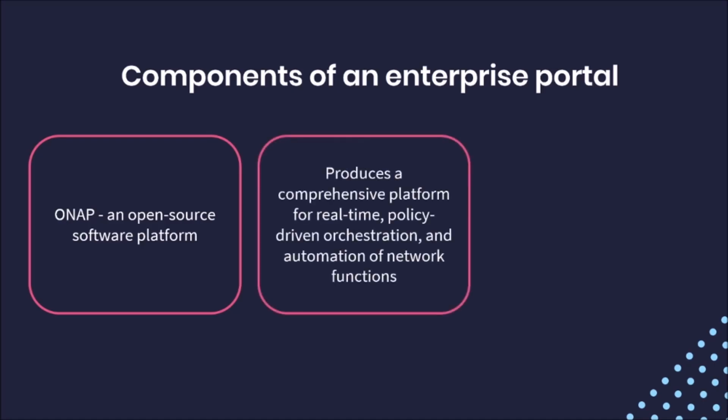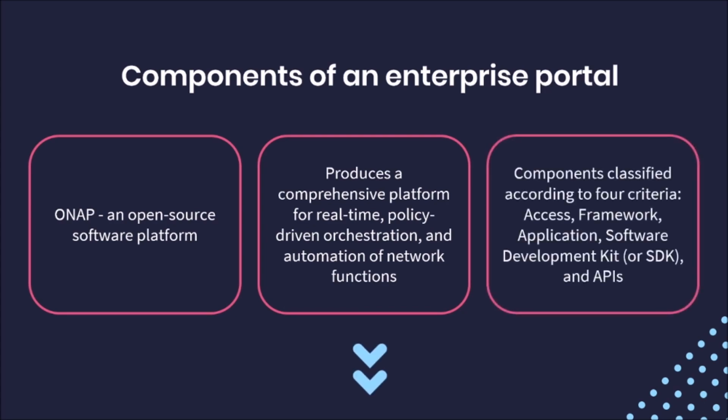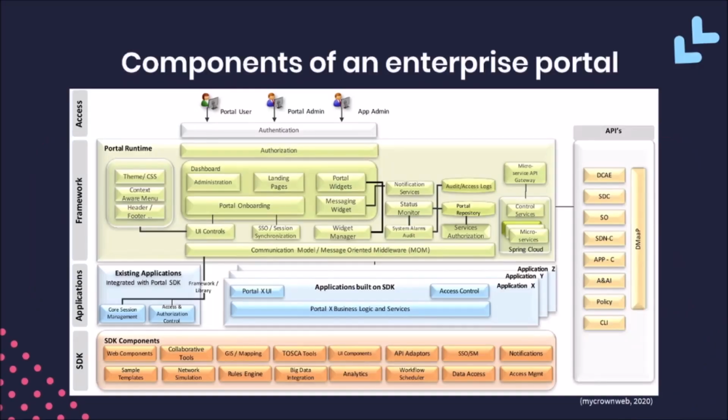The components of this system are classified according to 4 criteria: access, framework, applications, software development kit or SDK, and APIs, as can be seen in this diagram. We will break it down and look at each part separately to understand it better.